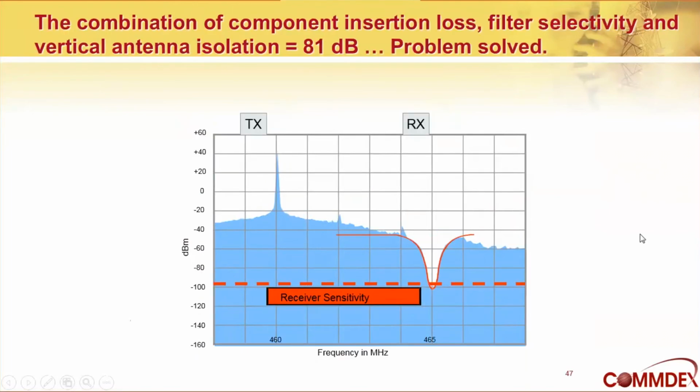But if we combine all those things together, we combine our insertion loss, our filter selectivity, and our antenna isolation, now we've got 81 dB of isolation, and we're below our sensitivity, and we solved our problem.